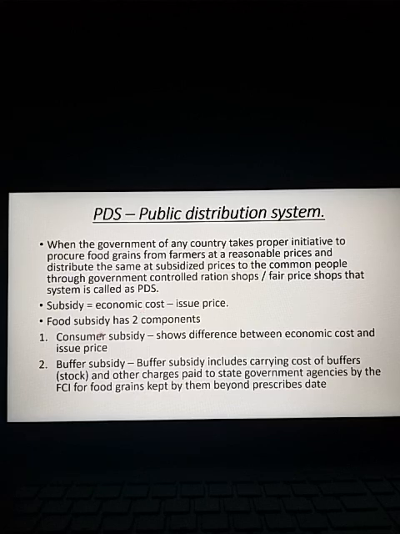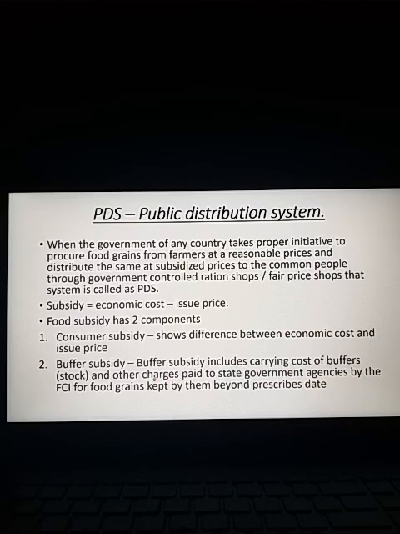Then food subsidy has two major components. One, consumer subsidy, and two, buffer subsidy. Let us try to understand what exactly these two are. The first one shows the difference between economic cost and issue price. That means just like how you define subsidy, the same is consumer subsidy. Then what is buffer subsidy? It includes the carrying cost of buffer stock. When I say carrying cost, it means transportation and other charges.